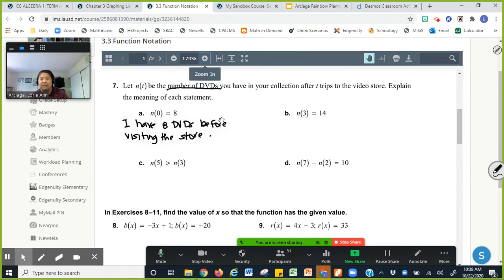After you make t trips to the video store. So then how will you write a story for letter C? Can somebody either unmute herself, himself, or type in the chat? So you're now comparing the amount of DVDs you have after making 5 trips and after making 3 trips. Okay, so how do you make a story for that?